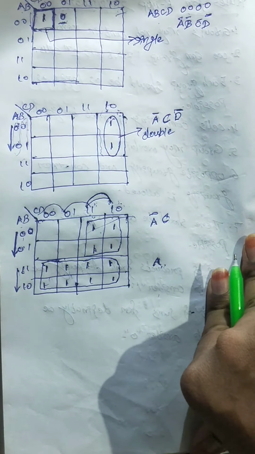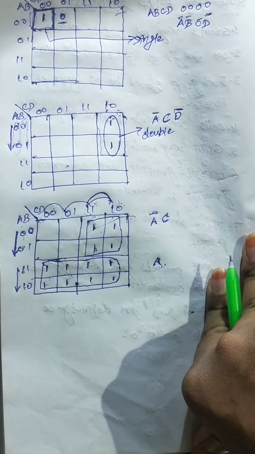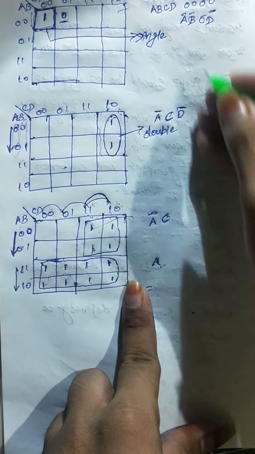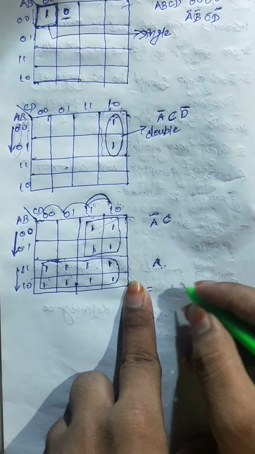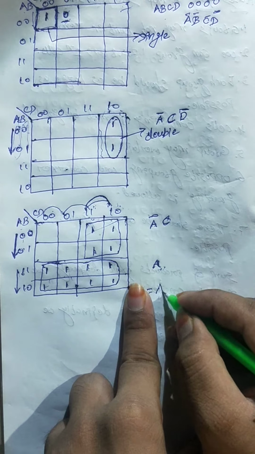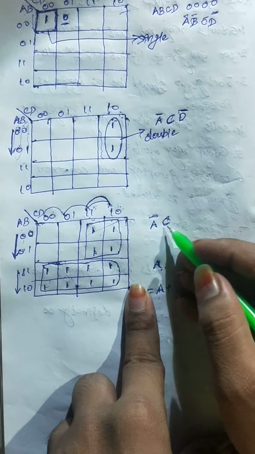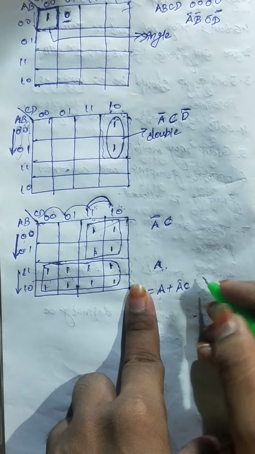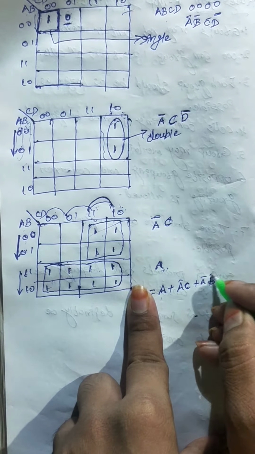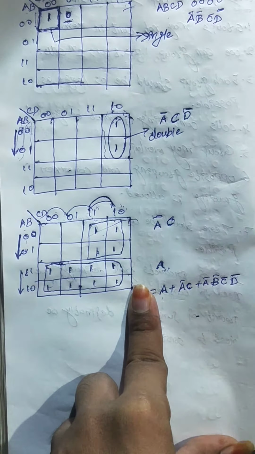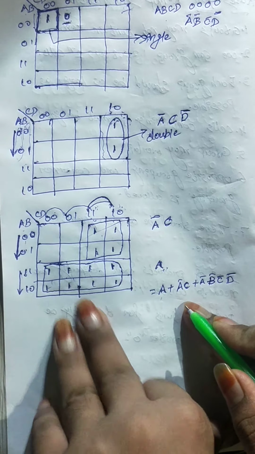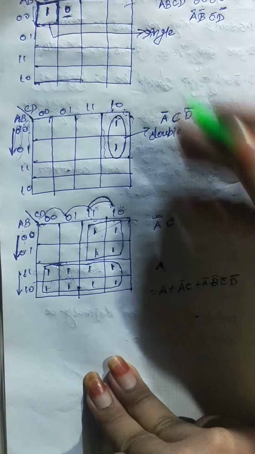The final expression is the addition of all prime implicants. Here it is A plus A bar C plus A bar B bar C bar D bar. Here we take only octal, quad and single.